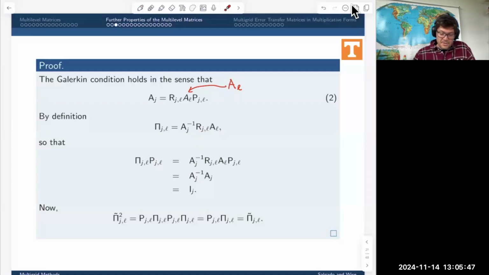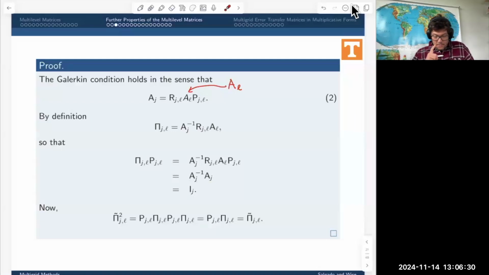This matrix is non-square, so let's post-multiply it by the prolongation matrix and do the product pi JL times PJL. This becomes AJ inverse RJL AL PJL. But notice that RJL AL PJL is just AJ, because AJ satisfies the Galerkin condition. AJ inverse times AJ is just the identity matrix of size J. So that proves the first part.